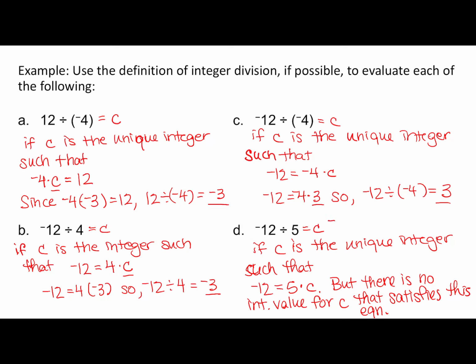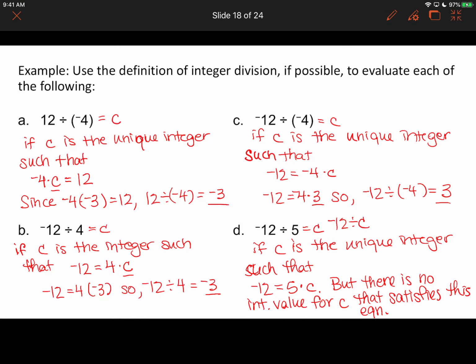I'm going to write up here: negative 12 divided by 5 is undefined in the integers, Z for integers.